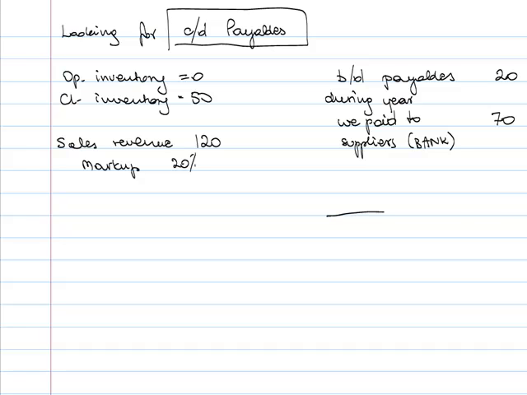Now let's see what we need to get to that carried down balance. We know that the brought down balance was 20. We know that cash paid was 70. We want to know what the carried down balance was. Oh, well, we need to know what purchases were.